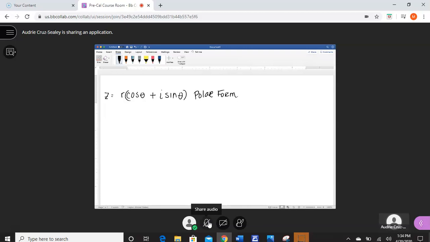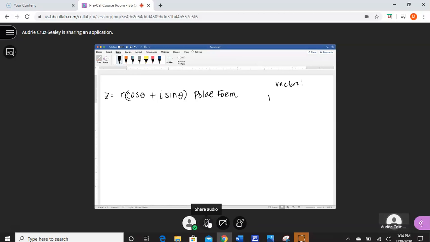Okay, we did it with vectors. I'm getting this from page 101, when we were doing it with vectors.